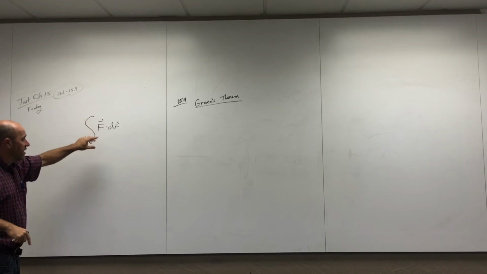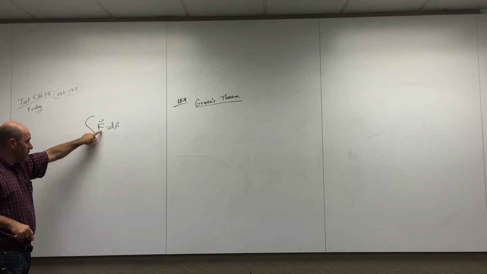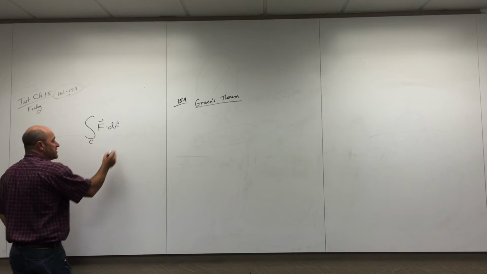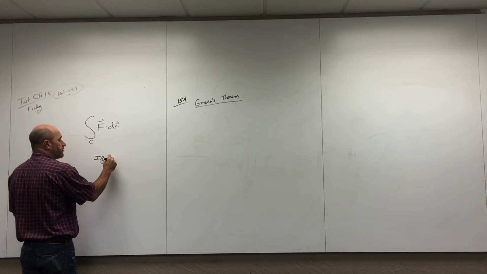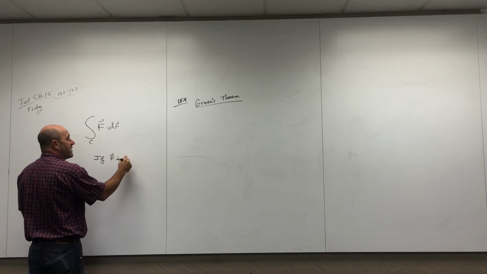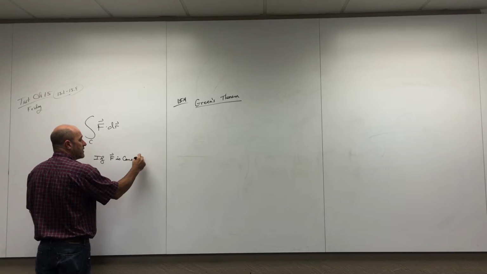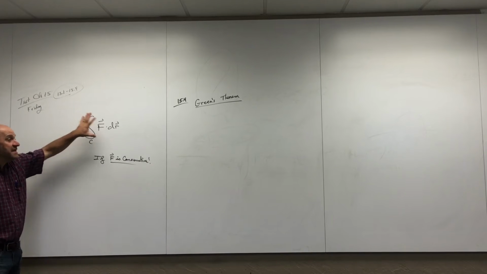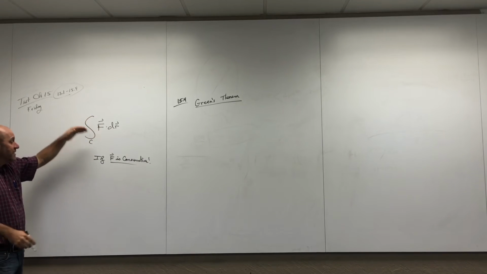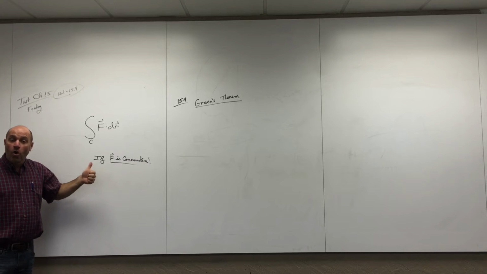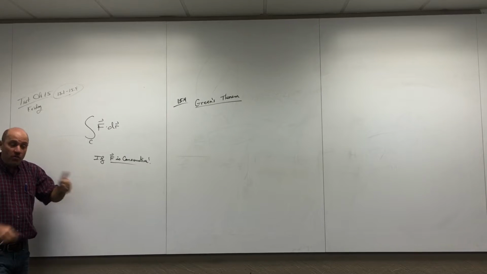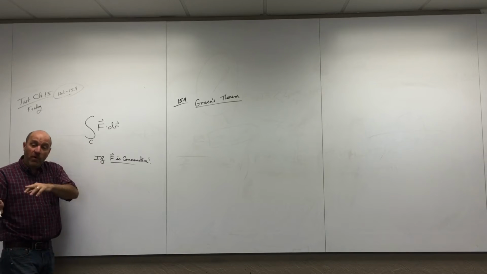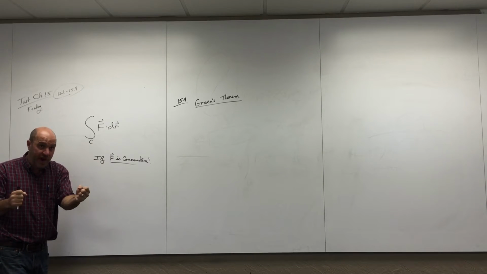So this is the work done by the force field or vector field. We learned that if F is conservative, then we got some options. This thing is independent of path. Sometimes you can pick a new path, or you can find the potential function and evaluate it at the end point and the beginning point and subtract the difference.